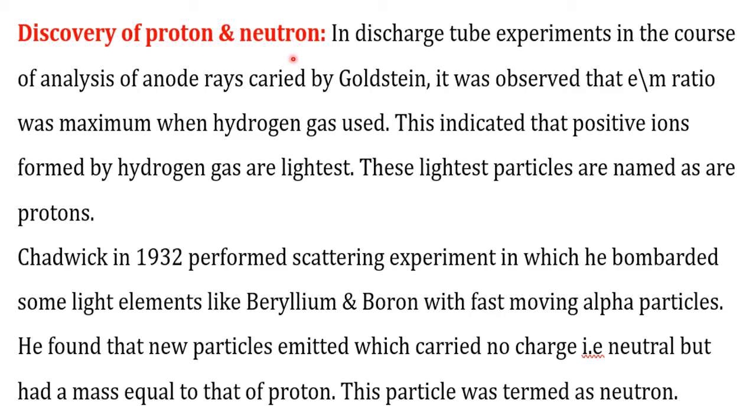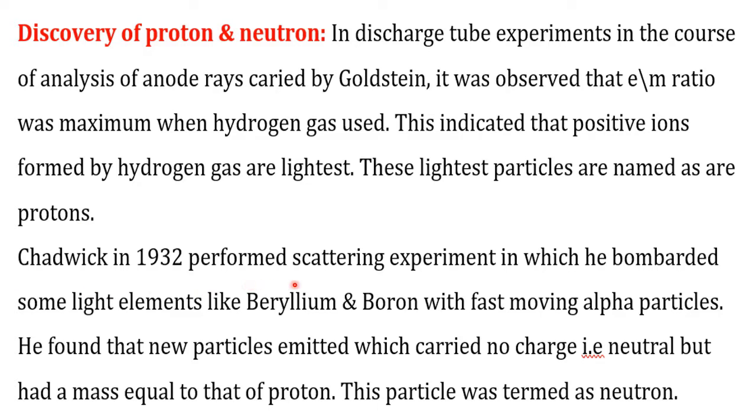Discovery of proton and neutron. In discharge tube experiments, in the course of analysis of anode rays carried out by Goldstein, it was observed that the e/m ratio was maximum when hydrogen gas was used. This indicates that positive ions formed by hydrogen gas are the lightest. These lightest particles are named protons.